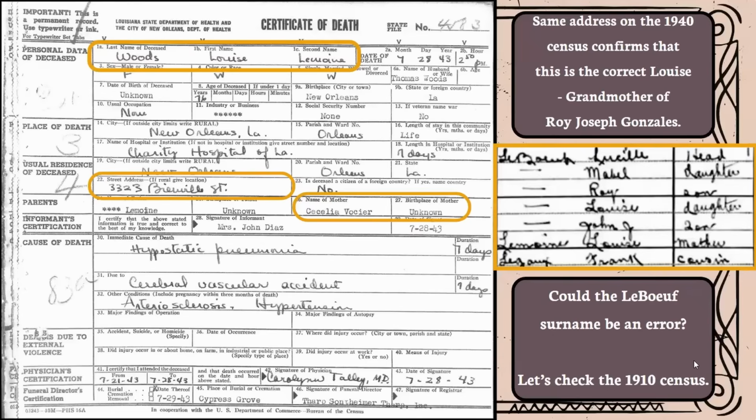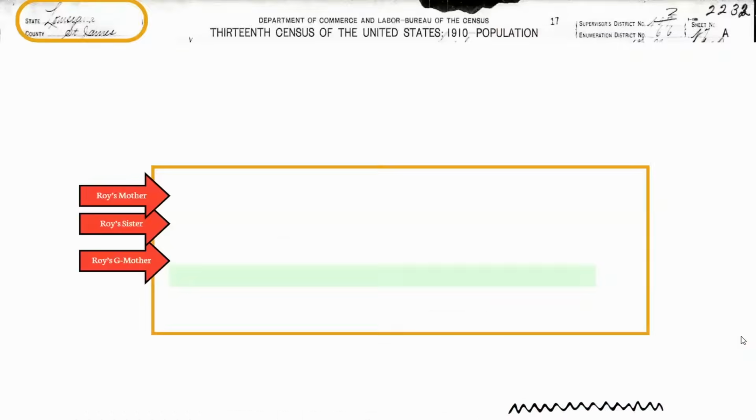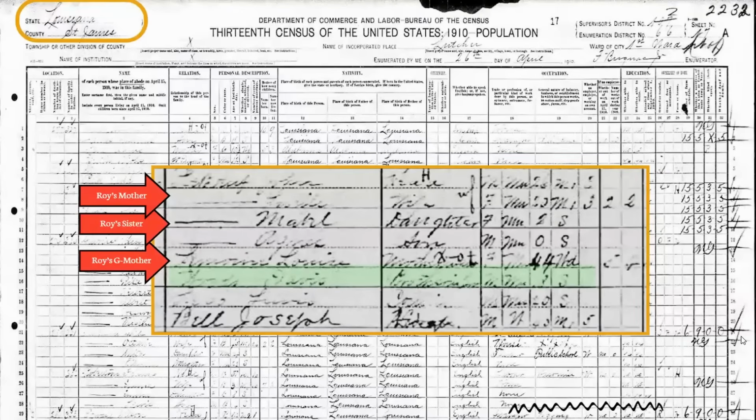So I wanted to look at the 1910 census to see, is this different? This is from 1920. I like to have things like this as a reminder of who is who in this scenario. So Louise was Lucille's mother. Now, the 1910 census, at least for this parish, looks appalling.